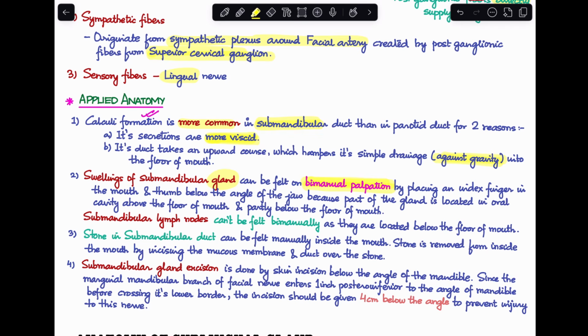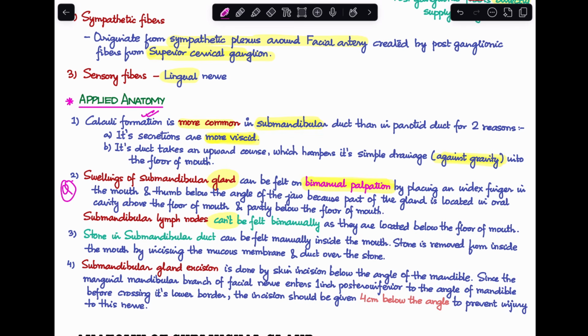Whereas if there is a submandibular lymph node swelling, it will not be felt bimanually because submandibular lymph nodes are only located below the floor of the mouth. So this is a very important clinical question that you need to know whenever a patient with submandibular swelling comes to you. How will you differentiate between a node swelling and a gland swelling?